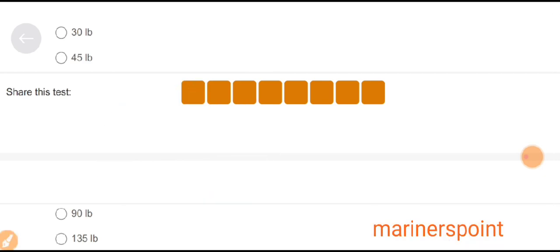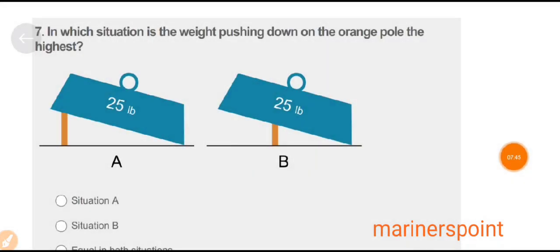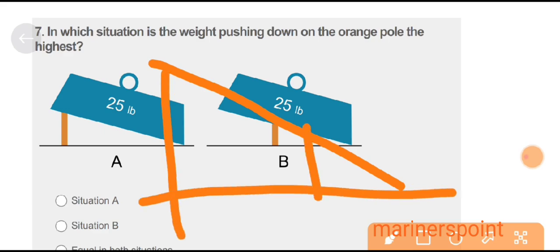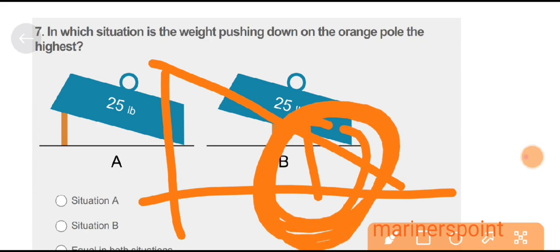Now next problem. In which situation is the weight pushing down on the orange pole highest? It is a basic understanding problem. Think this is a wall, and where will you face more force? Here. Obviously you will feel more force here.